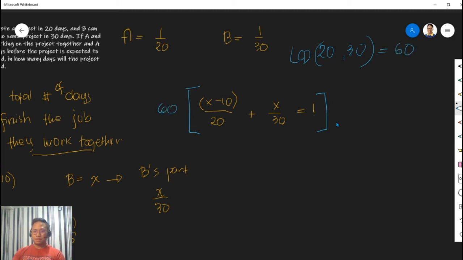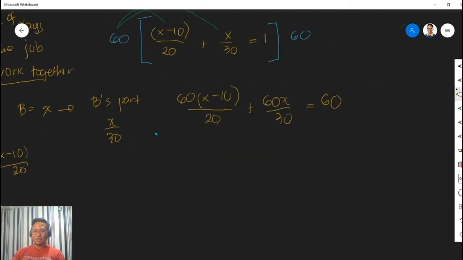So multiply both sides by 60, and distribute 60 to each term. That becomes 60 times x minus 10 over 20, plus 60 times x over 30, equals 60 times 1, which is 60. Then 60 over 20 is 3, so 3 times x minus 10. And 60 over 30 is 2, so 2x equals 60.